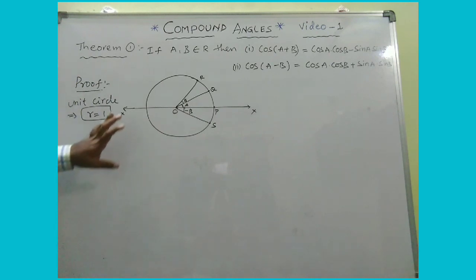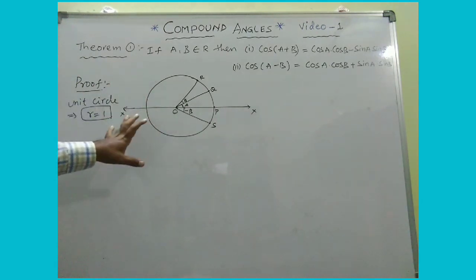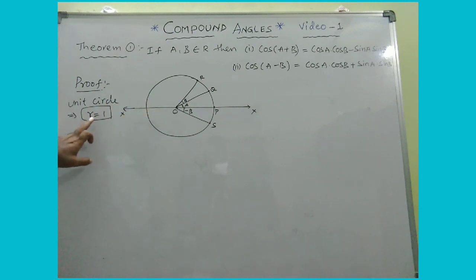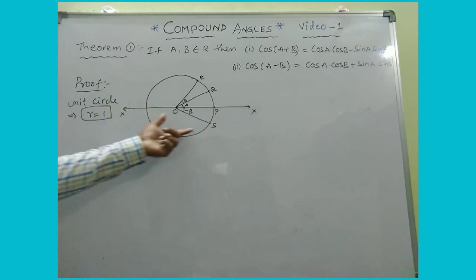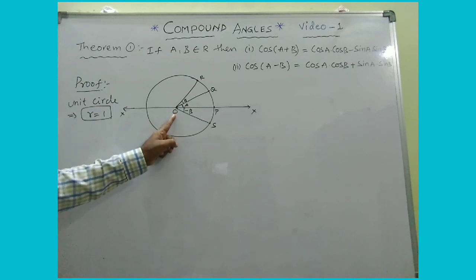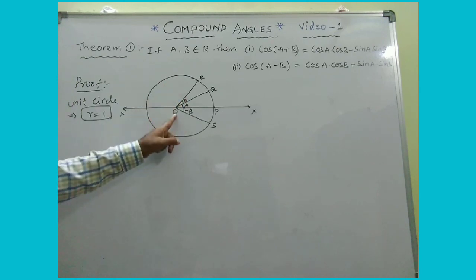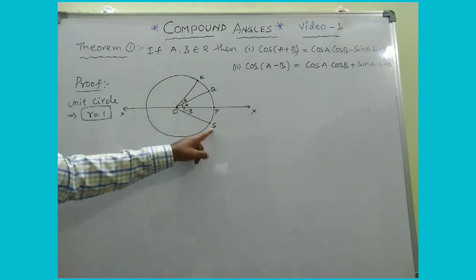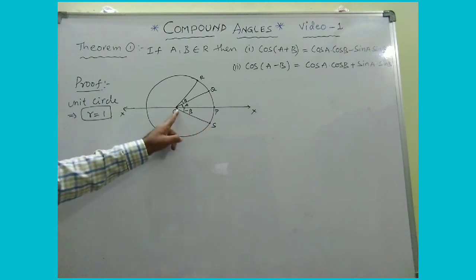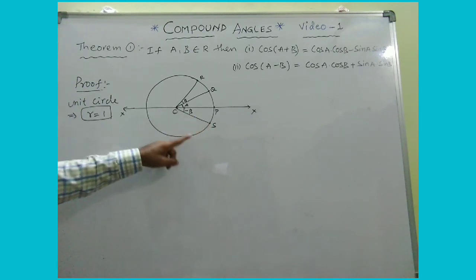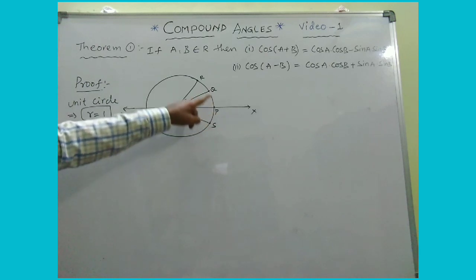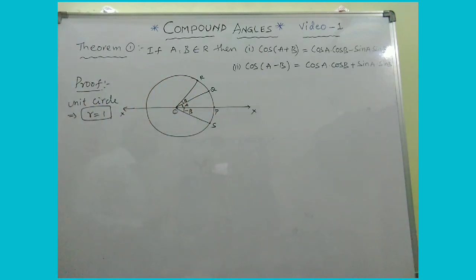Let us see once again the diagram explanation. Consider a unit circle, whose radius is 1 unit. O is the center of the circle as well as the origin, and S is a point on the circle. Hence OS, the line joining the center to any point on the circle, is a radius.